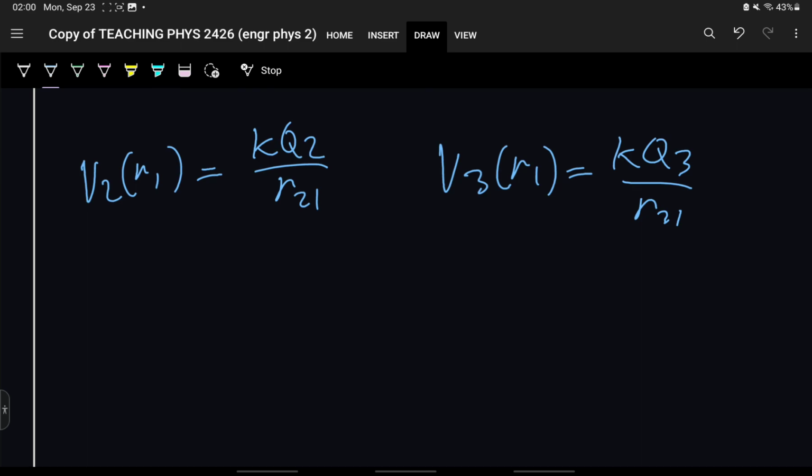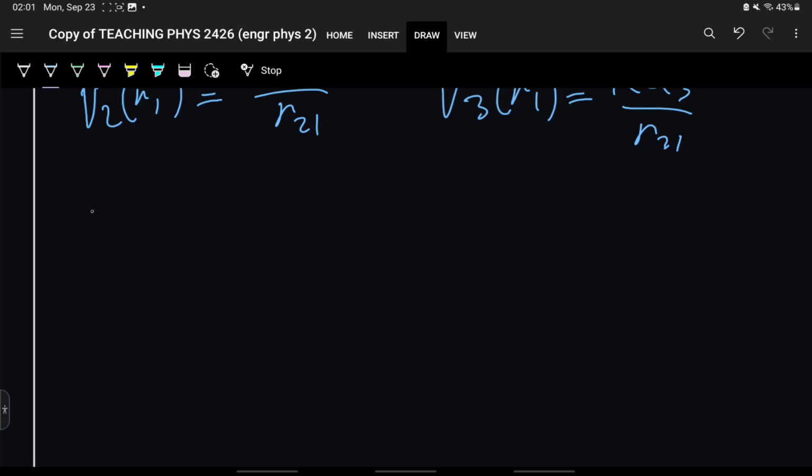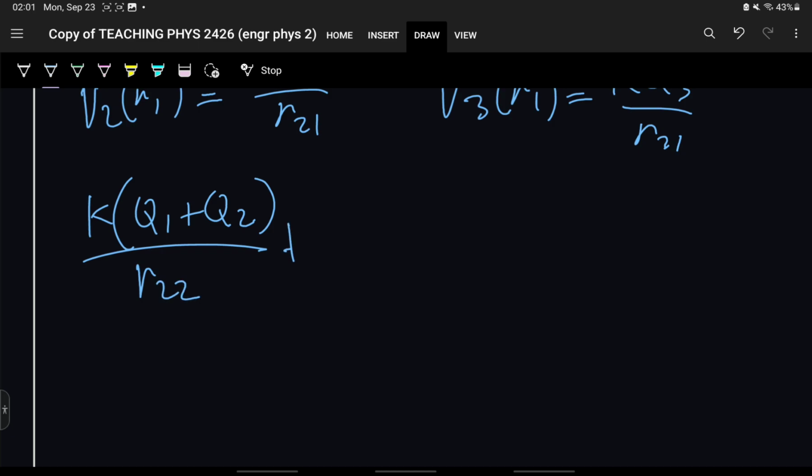Given that M1 is surrounded by M2 and M3, to correctly calculate V1, we need to account for the following. First is the contribution of M2. At the surface R1, due to M2 from the inner surface R21 to R22, the potential should be K times Q1 plus Q2 all divided by R22, minus K times Q1 plus Q2 all divided by R31.